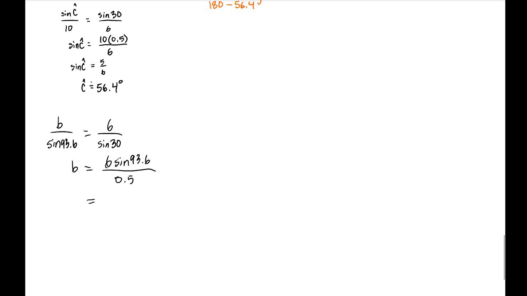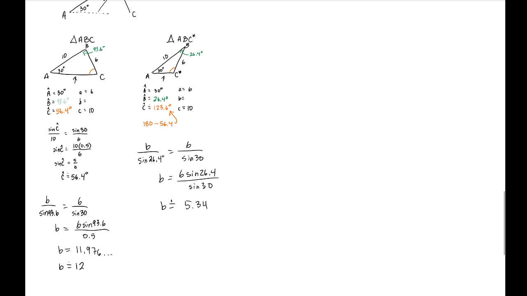Oh, I typed in 96.6 by accident. And the tricky thing with trig is if you mistype things, you might get an answer that's really close, but still potentially incorrect. So I get 11.976, which is ultimately going to round to 12 for that side.